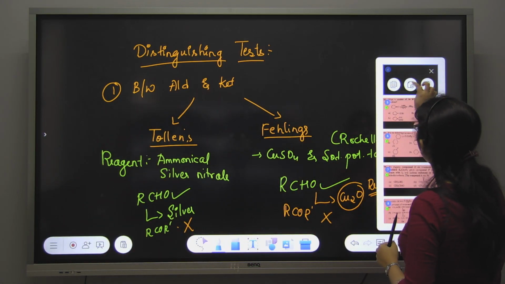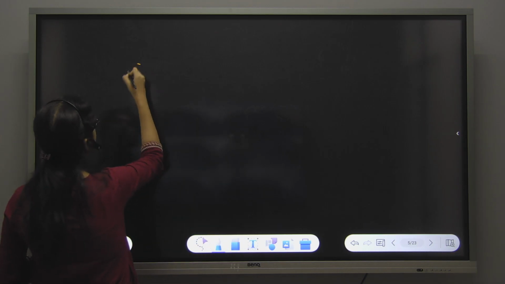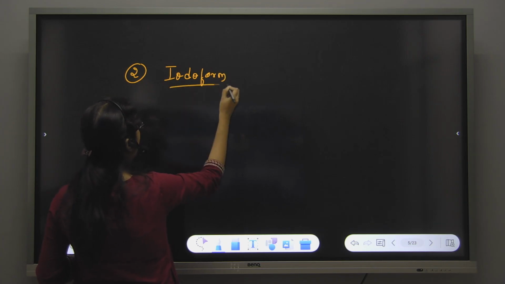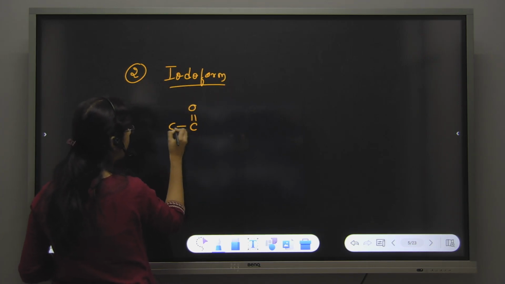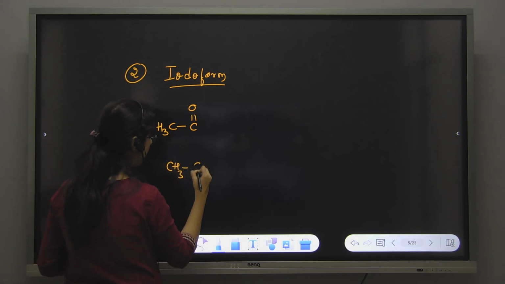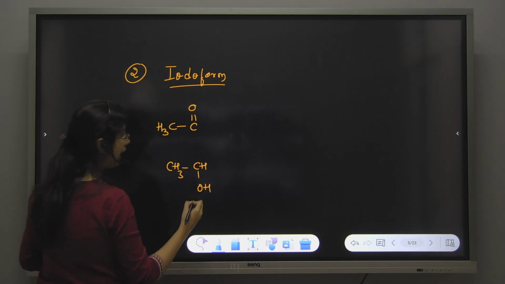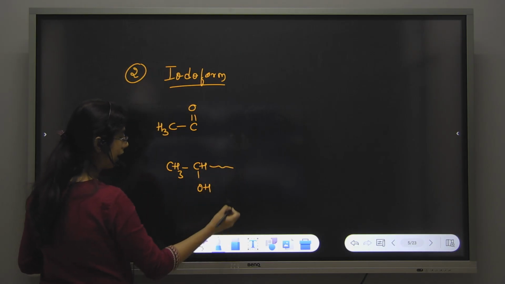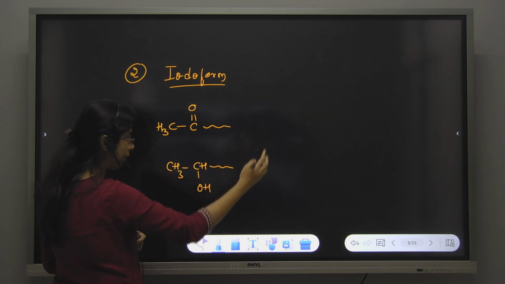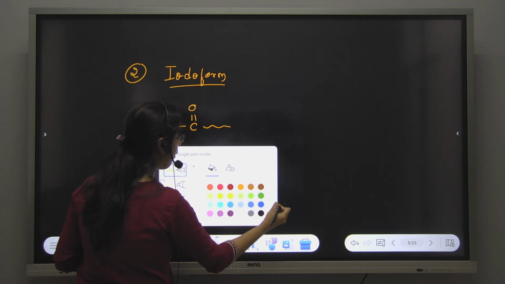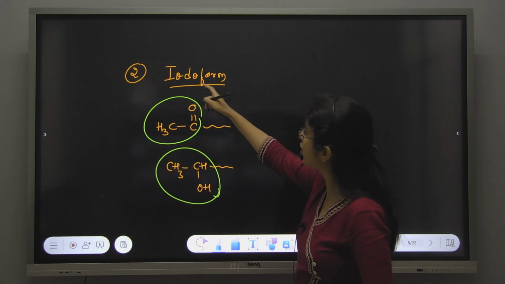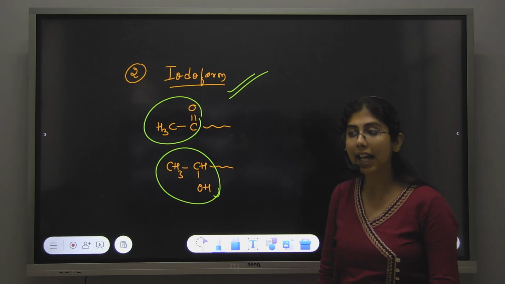Now if you have a compound which has this COCH3 group, or if the compound is something like this, the CH3CH(OH) group, the right side can have any carbon chain. But if a compound contains these particular groups, it is supposed to give a test called the iodoform test.